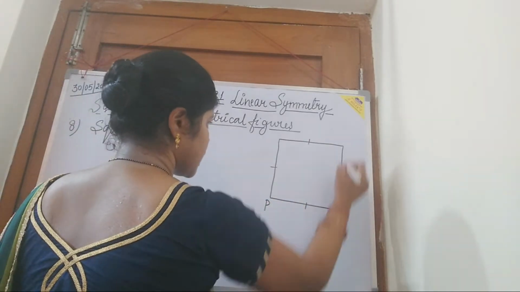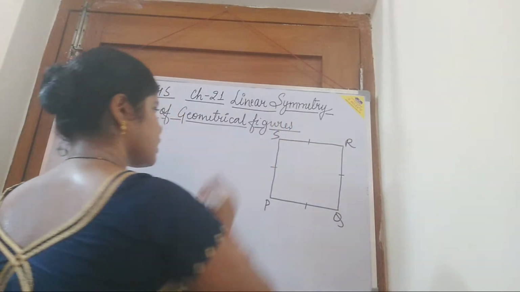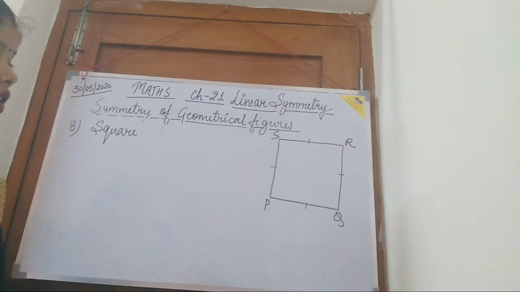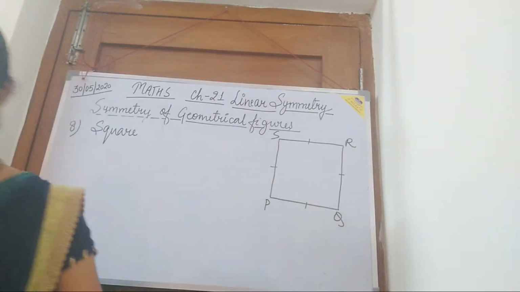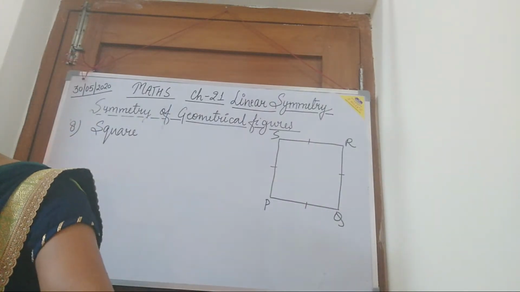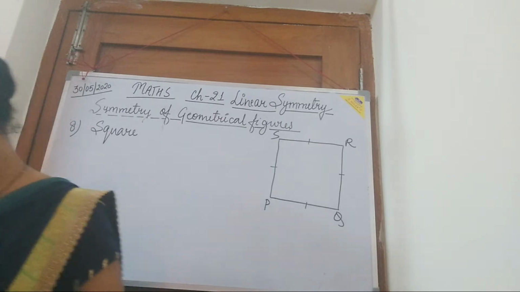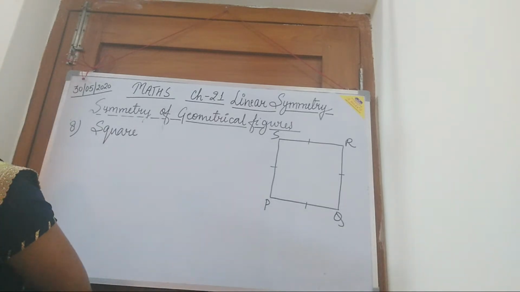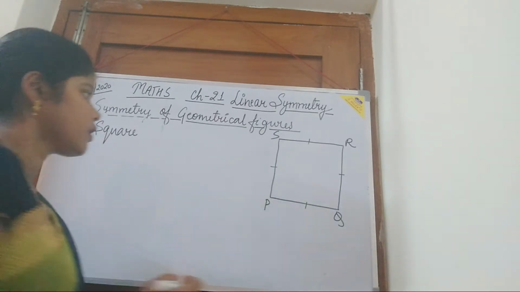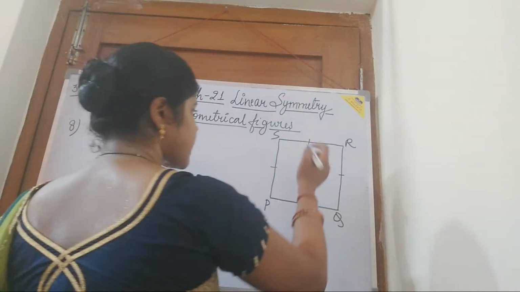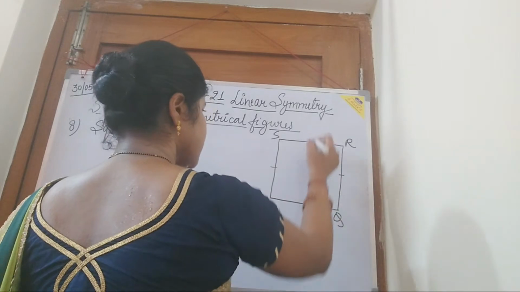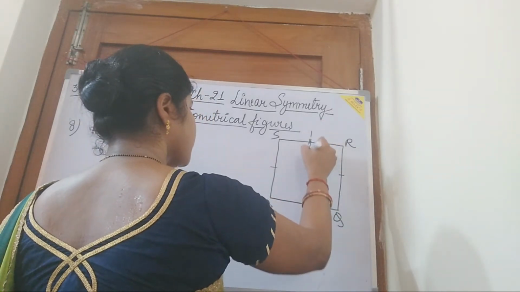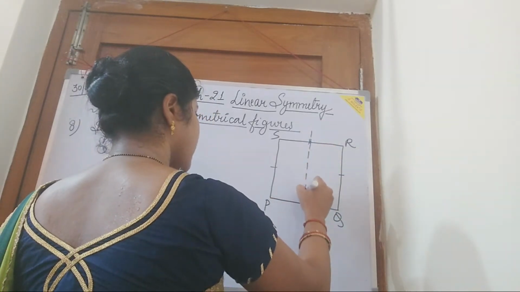Name it as P, Q, R, S. So how many lines of symmetry does this square have? First, you all know that just as in a rectangle, here also we draw the line of symmetry which passes through the midpoints of the opposite sides of a square.